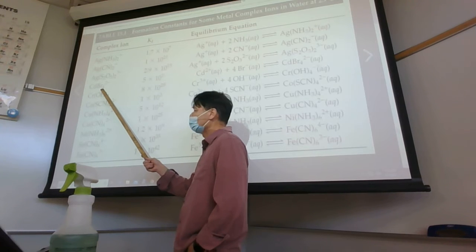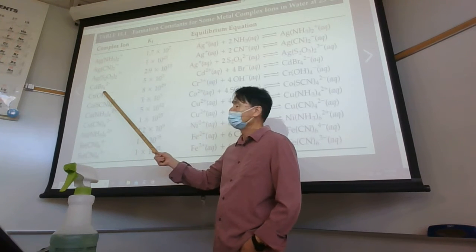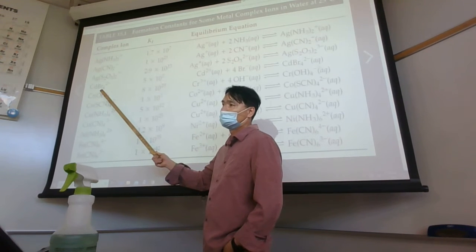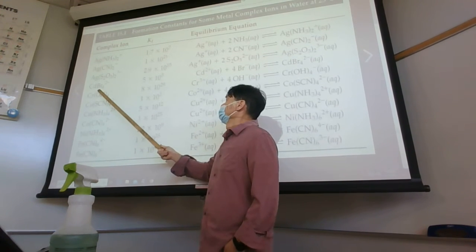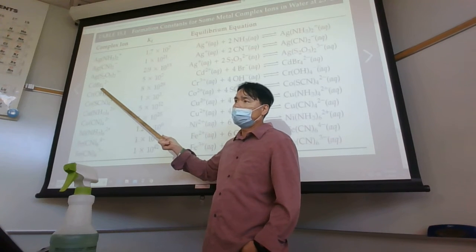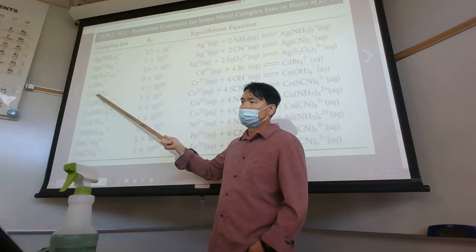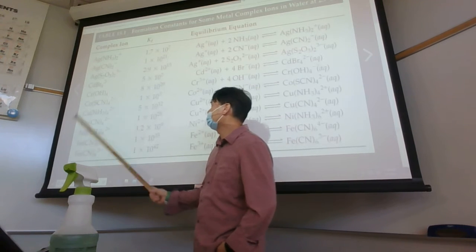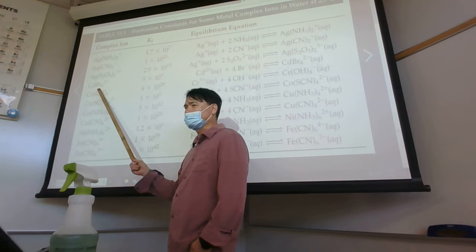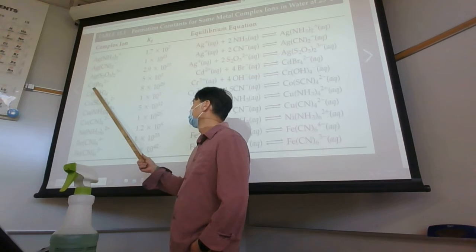How would you name this one? Tetrabromo. Cadmium or cadmiumate? Cadmiumate. Now cadmiumate doesn't sound so fancy like argentate or plumbate or stannate, but we'll have to live with it.